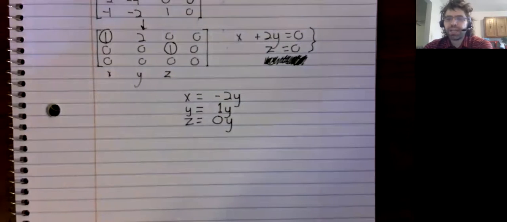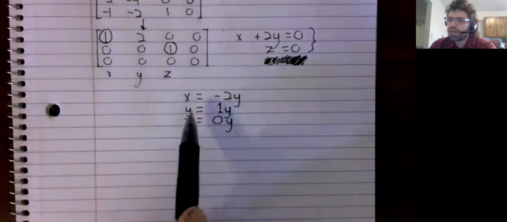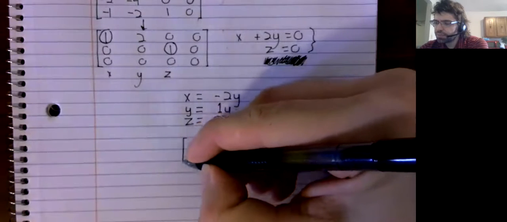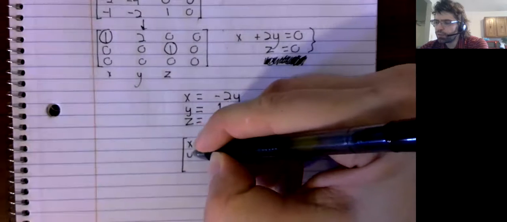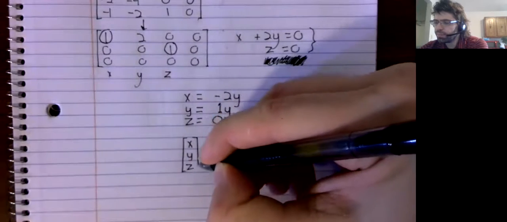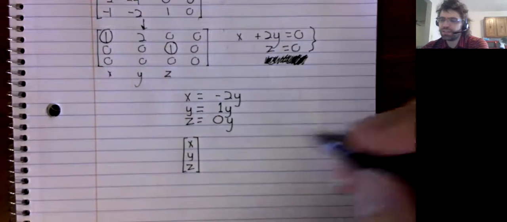And maybe now you can see why I'm doing all this. The numbers we're looking for, the variables, are x, y, and z.